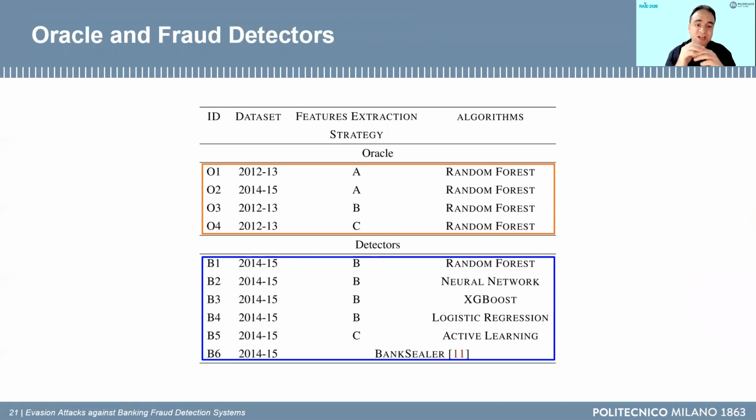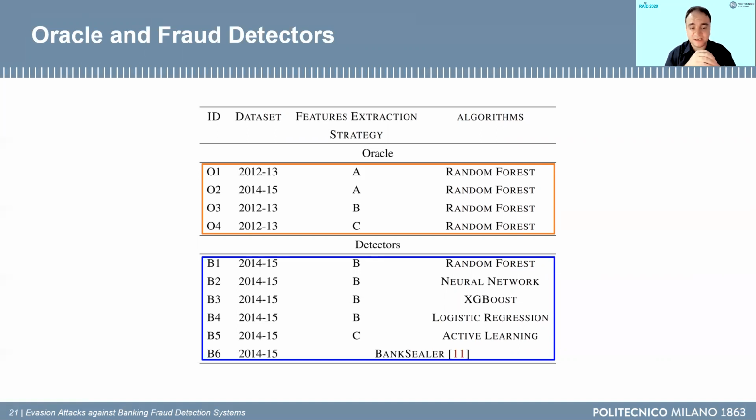Except for Oracle 2, all the other oracles are trained with an older dataset, the one from 2012 to 2013, since, as already explained, the attacker is in possession of an old dataset, different from the one used by the fraud detectors of the bank. Oracle 2 will be used for a black box with data attack and for a white box attack.